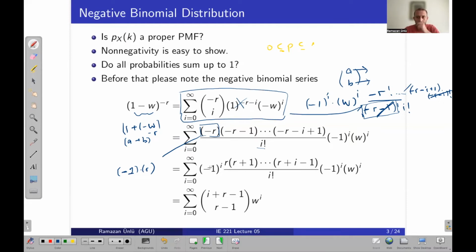So it will be a common factor. And I will end up with this one here in the numerator. Okay, so the multiplication of these two will be 1, and I will have this term divided by i factorial times w to the i. Okay, so what is this one? This is actually i plus r minus 1 choose r minus 1, nothing else, right? Why?